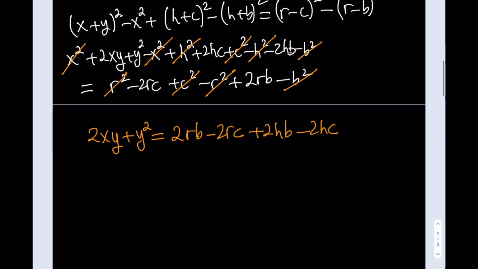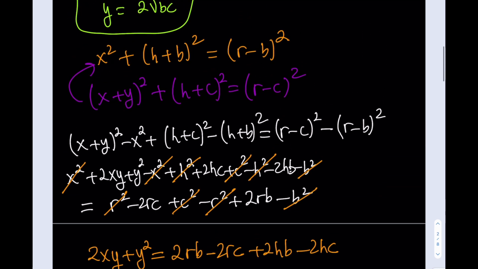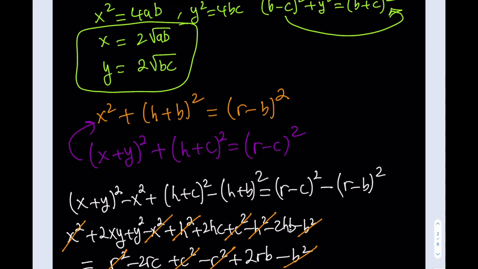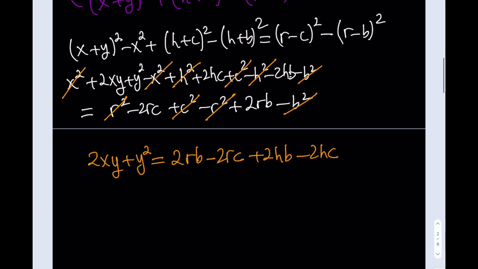So now with the x and y, I'm going to be doing something. As you know, we were able to replace x and y with something, so I'm going to go ahead and substitute those. But what are they? Well, let me copy those here. We said that x is 2√(ab) and y is 2√(bc).